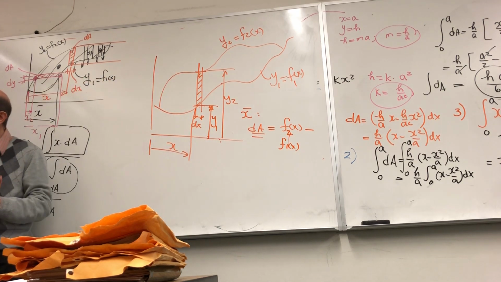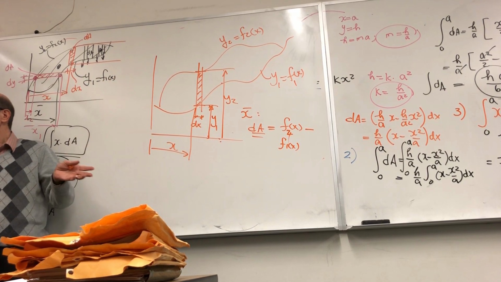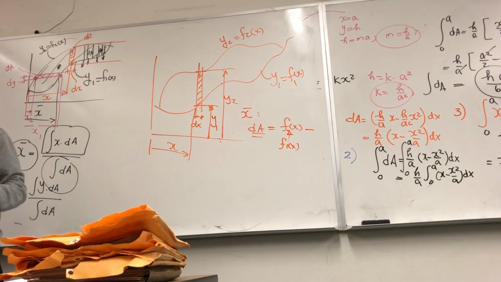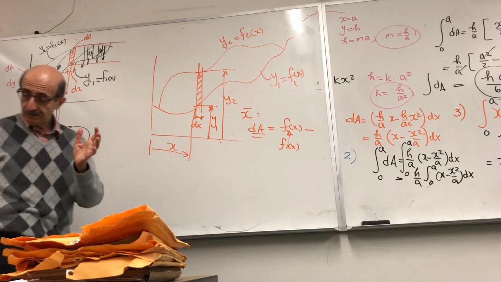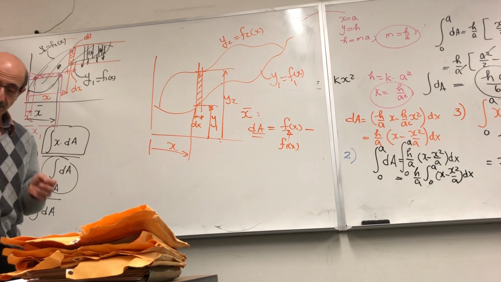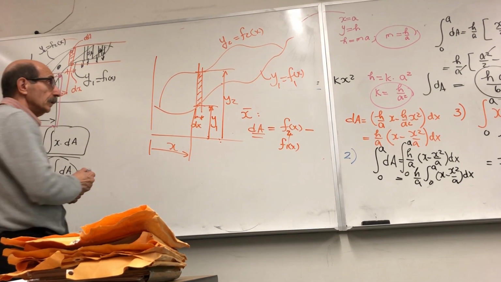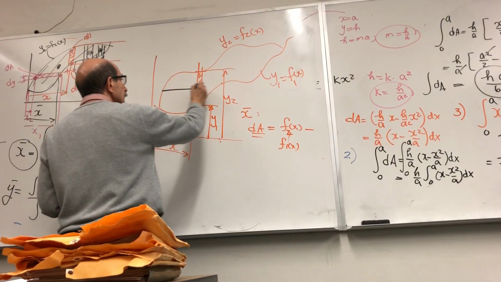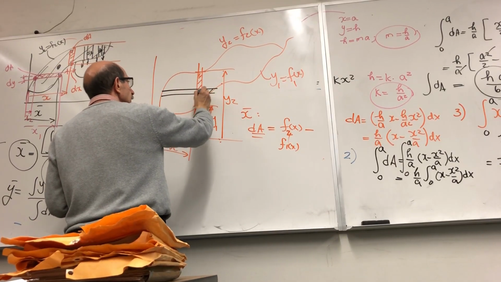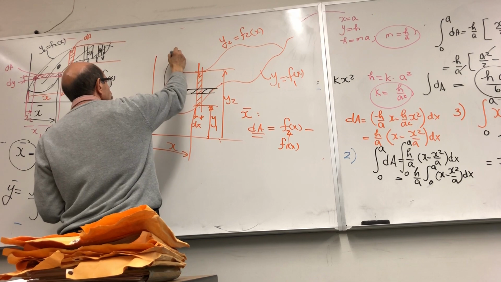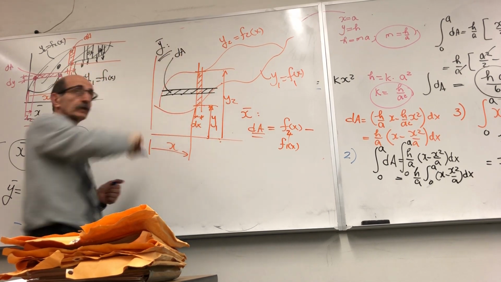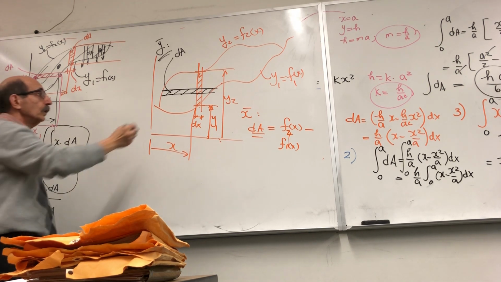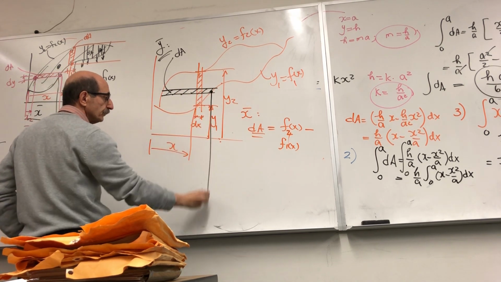So for dx it was probably easy, because the functions are given as y equal to something which is a function of x. But for dA, for the case of y bar, you consider a differential element that is like this. This is your differential element for y bar. What is this?